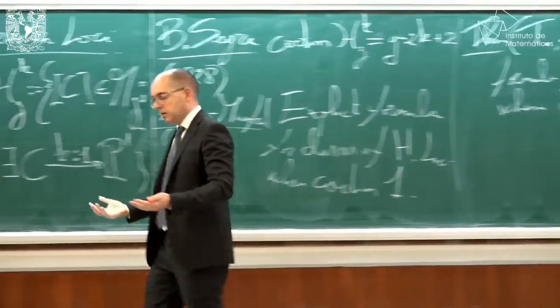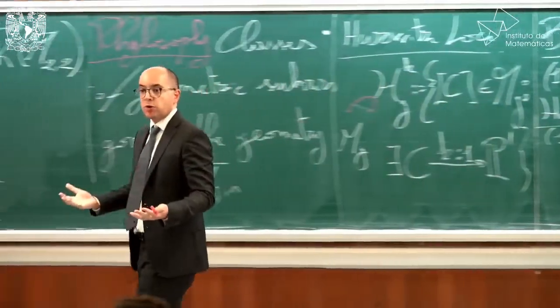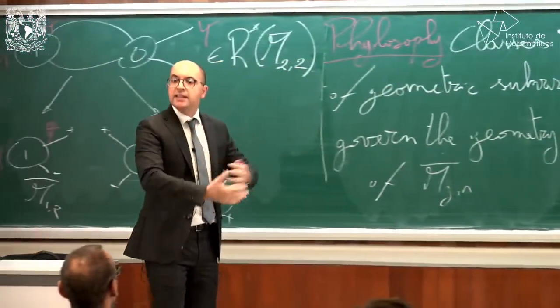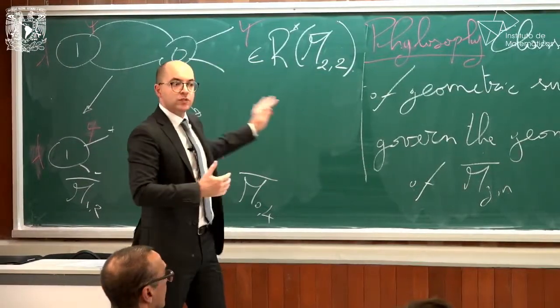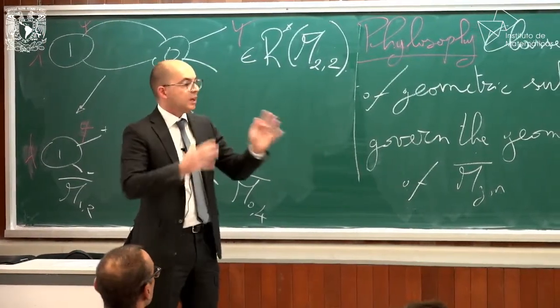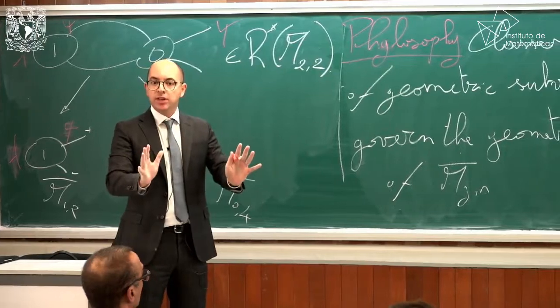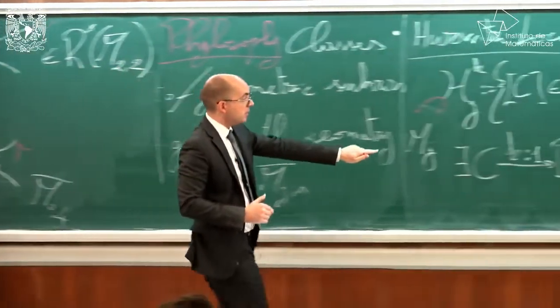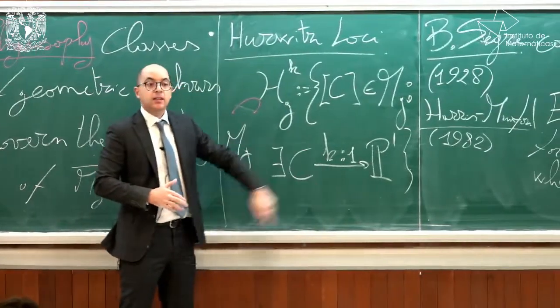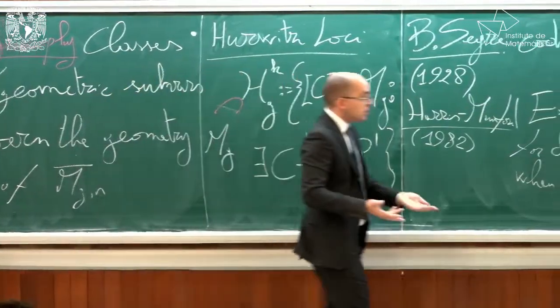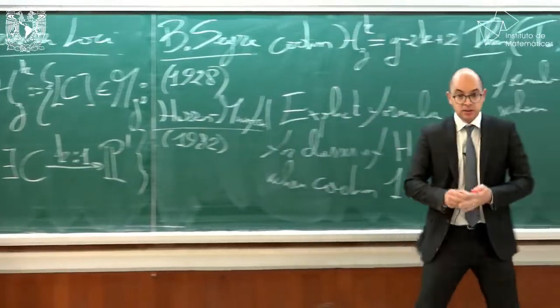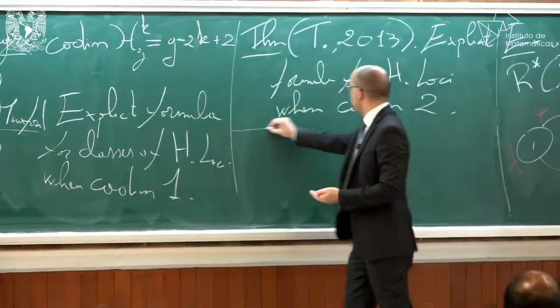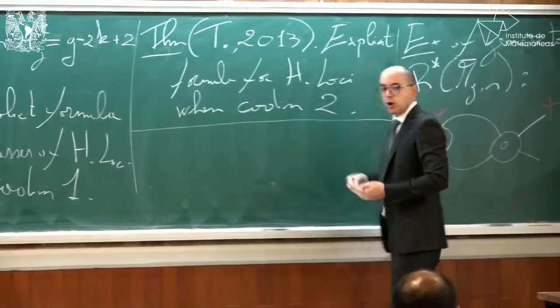The formula is a closed formula, written as a linear combination of decorated graphs of codimension 2. The coefficients are quadratic polynomials in k, the degree of the map here. And it's explicit. But besides the computation, instead of showing you the formula, let me show you a concrete application of this formula.